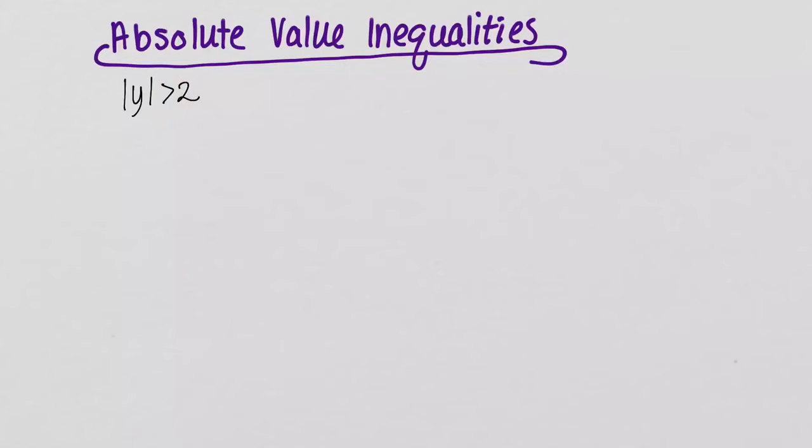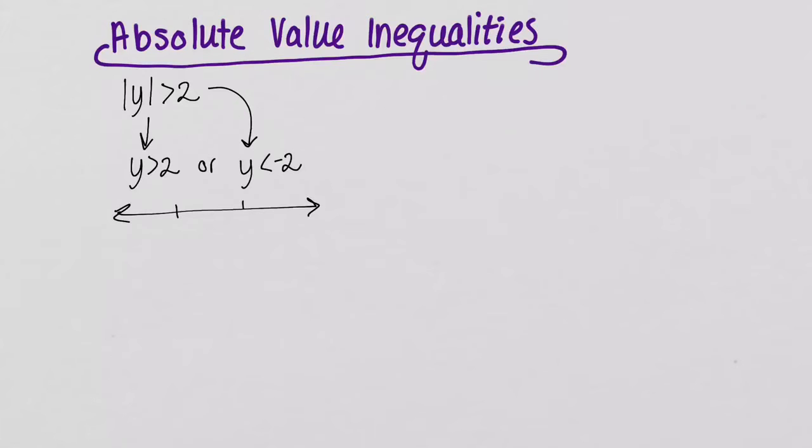If you have a greater than symbol, you're going to separate it into two inequalities. The first one is literally just the original inequality without the absolute value bars. I just took off the absolute value bars. Or your second one will be y, flip the direction, make it negative. So y less than negative 2.